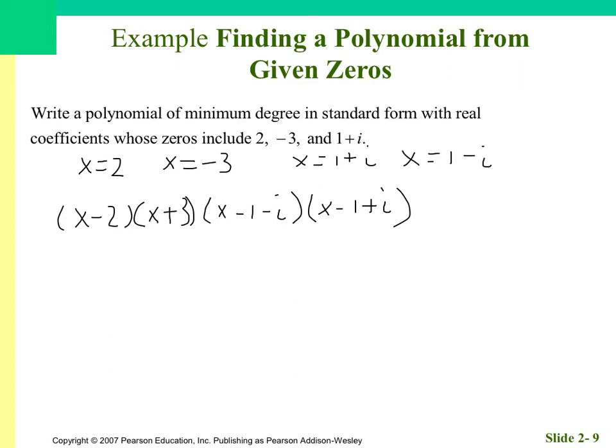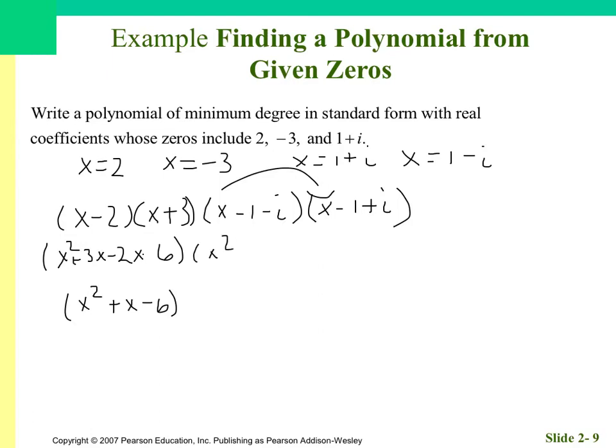So this first one, x squared plus 3x minus 2x minus 6, that would be x squared plus x minus 6. Now I'd do these two.